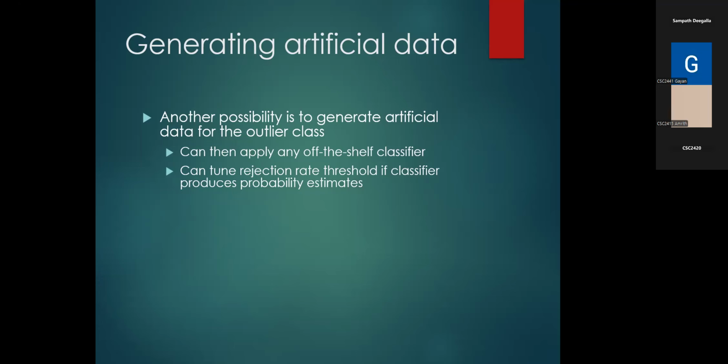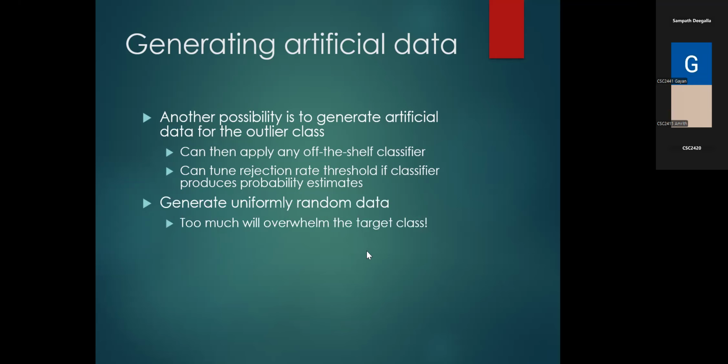This is called artificially generating the data, right? For the problem we discussed earlier, where you have data for one class and no data for the other class, you can generate artificial data for the other class. The advantage is that once you have data points for both classes, you can use any classifier that we have discussed so far. So that's about data generation.